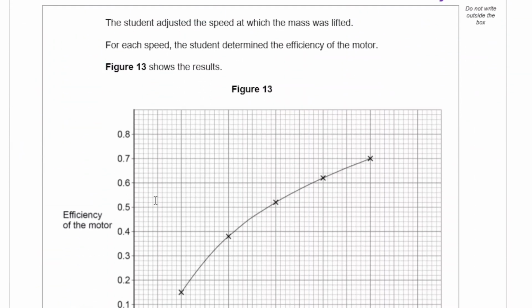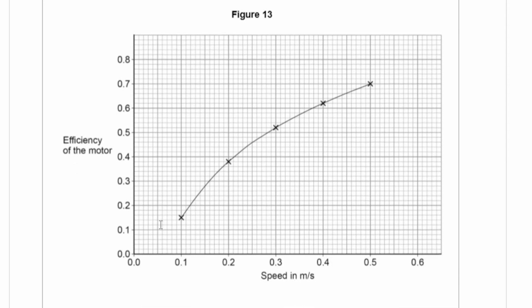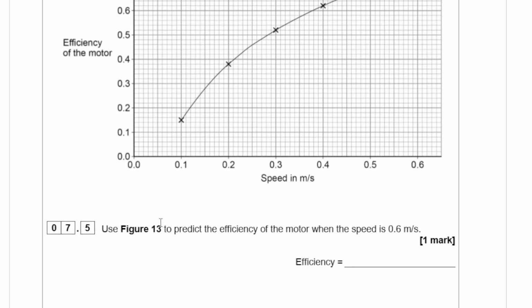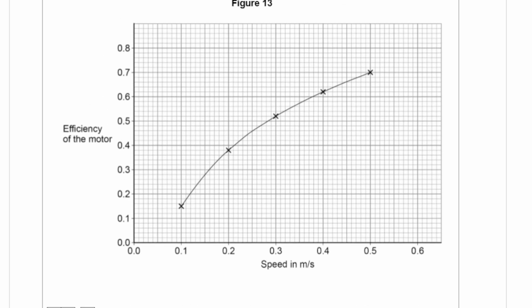The student adjusted the speed at which the mass was lifted. For each speed, the student determined the efficiency of the motor. So as you can see, as the speed increases, efficiency is increasing, but not steadily. The rate of efficiency increase is actually slowing down. Use figure 13 to predict the efficiency of the motor when the speed was 0.6.